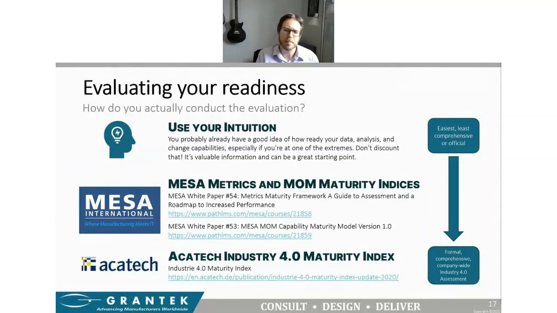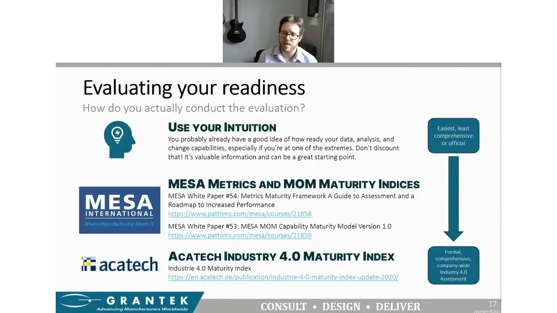The other one is the MOM maturity model, which is more comprehensive about all level 3 activities around performance, quality, inventory, and maintenance. So this is really good for a more comprehensive smart manufacturing assessment for your company. Finally, if you're looking for a real comprehensive assessment of your entire business and Industry 4.0 maturity, I would recommend something like the Acatech Industry 4.0 Maturity Index to guide you.